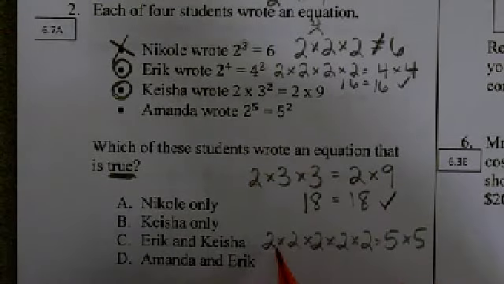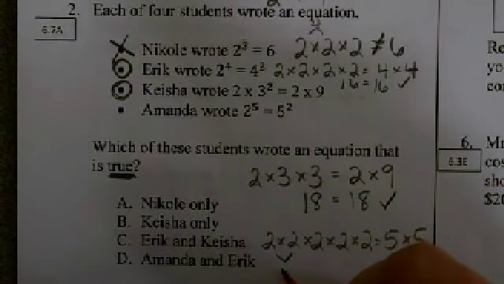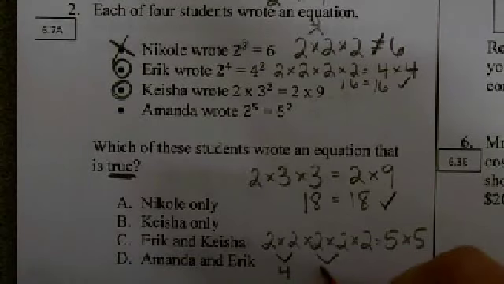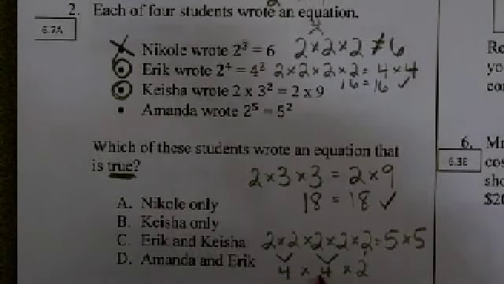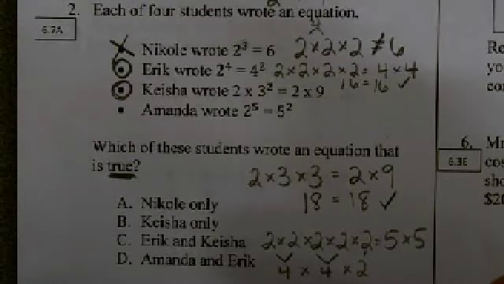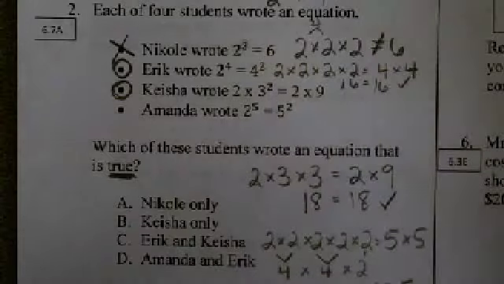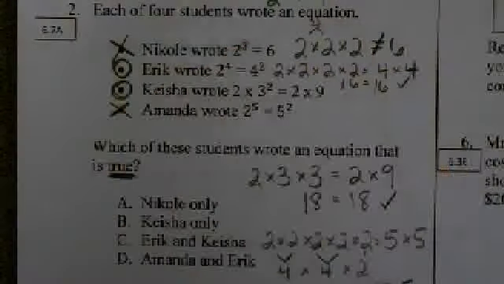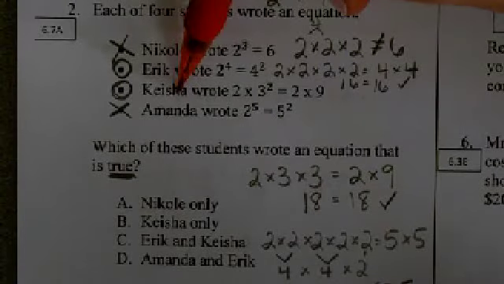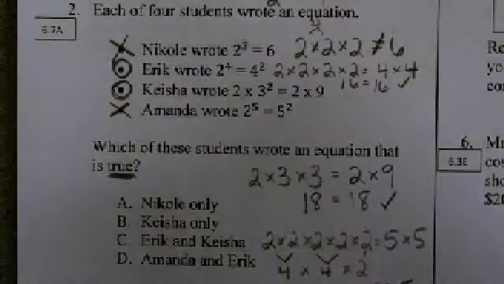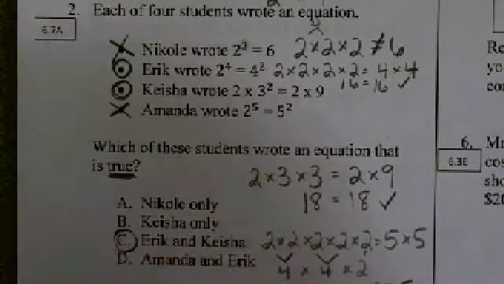So if we solve this out, I'm going to break it down. 2 times 2 is 4, 2 times 2 is 4, so that's 16, and then we still need this other 2. 16 times 2 is 32, and then 5 times 5 is 25. So that is not equal to each other. So Amanda's equation is not true. So that leaves us with Eric and Keisha, who wrote true equations. So that gets us answer choice C.